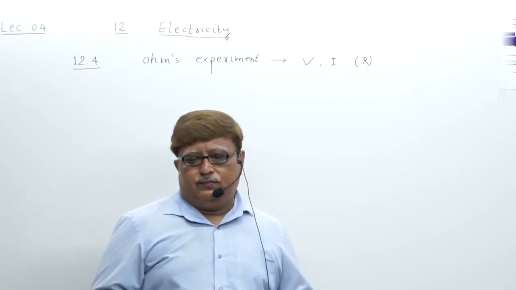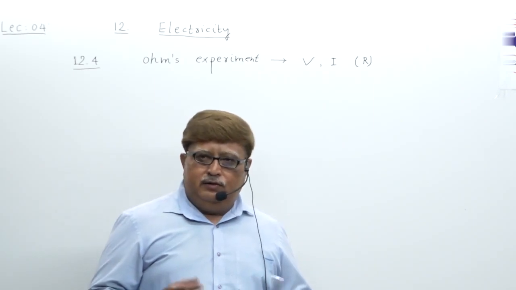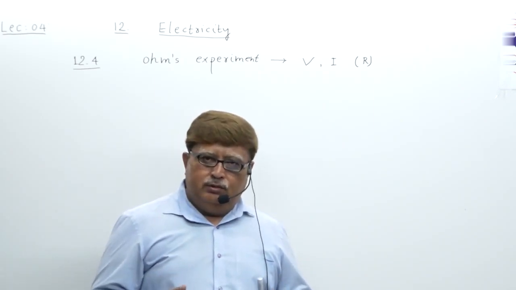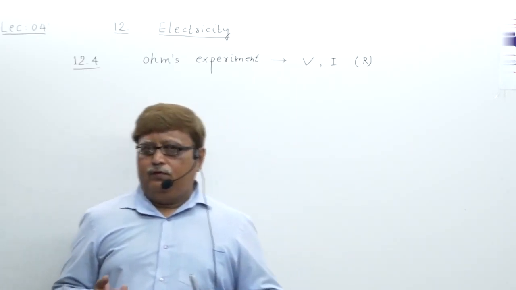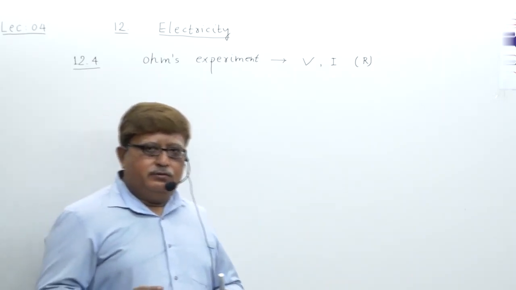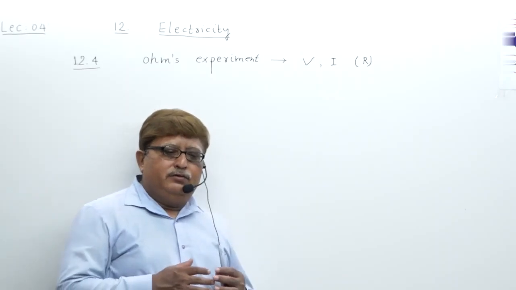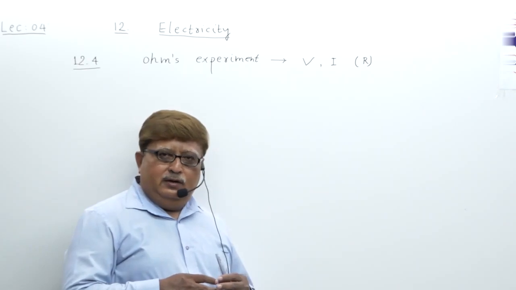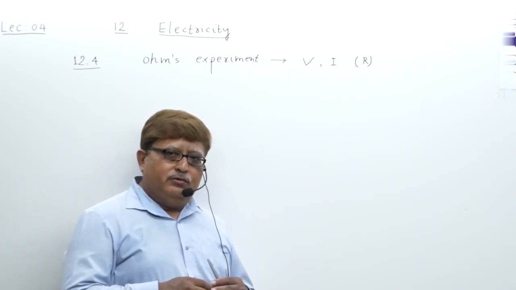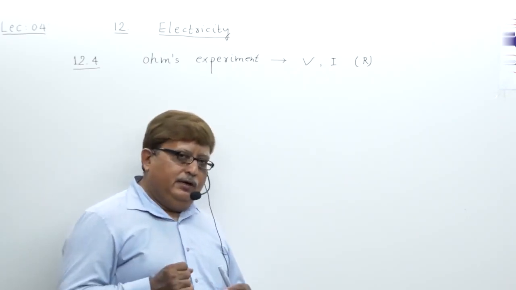No material exists which does not offer resistance, in less, more, medium, high amount; even negligible amount of resistance is also offered by even good conductors. Understand? So actually we are trying to establish relation between V and I, but R indirectly comes into picture when we try to establish relation between V and I.